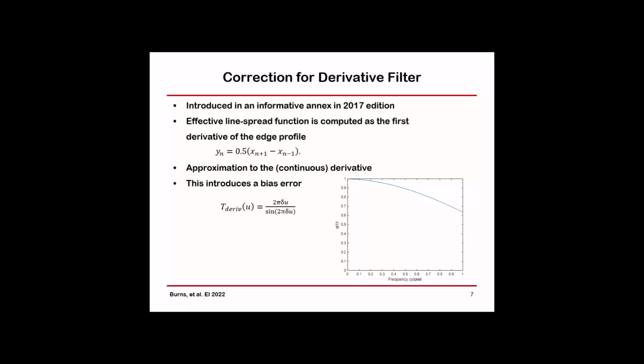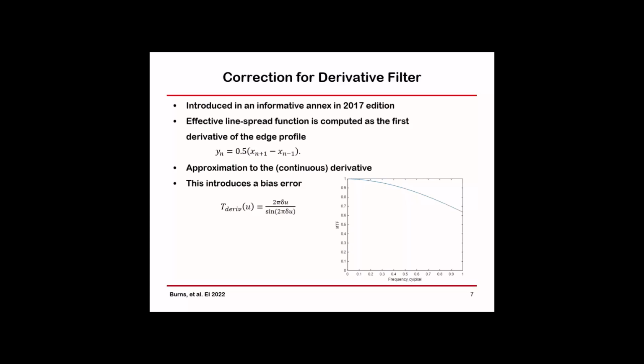It's fair to say that if we consider the image as a sampled continuous field and the edge profile as sampling a continuous function, then this calculation is an approximation of the equivalent continuous derivative.